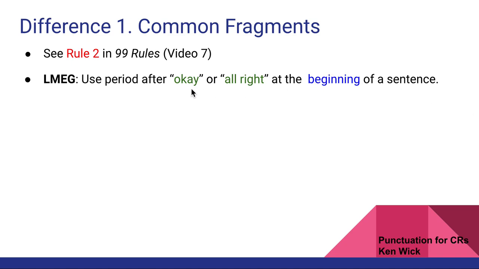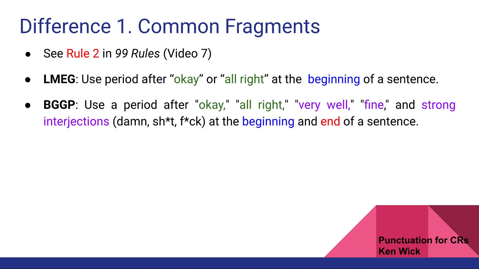So just the beginning for these two fragments. But the BGGP adds a few more words. It also says use a period after okay and all right, and also adds a very well defined set of strong interjections like these at the beginning and the end of a sentence. So the BGGP is more expansive than the LMEG.